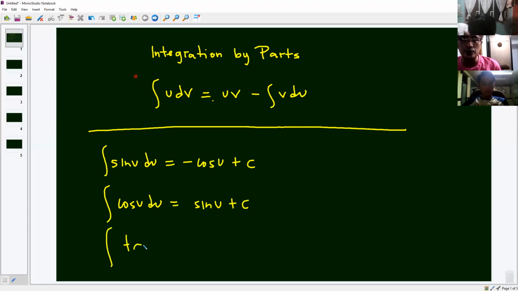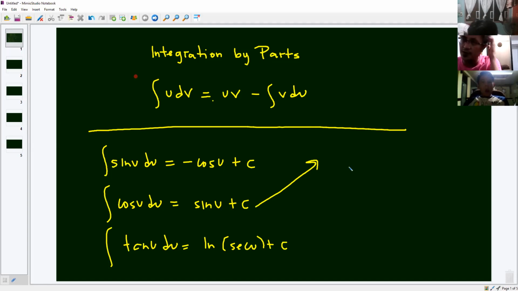Integral of tangent u du is ln of secant u plus c. So saan galing yan? These are just direct consequences of the derivative and the integral as opposite processes.